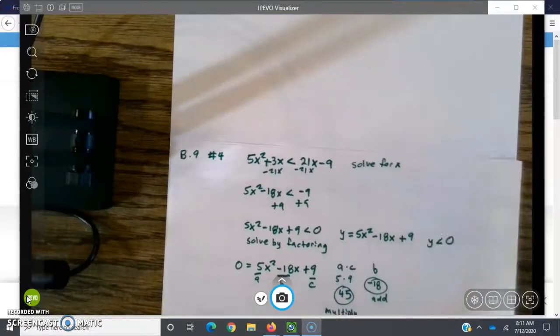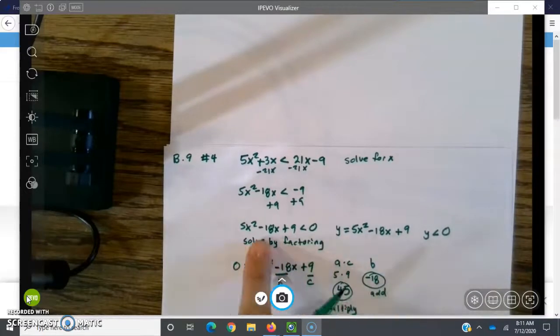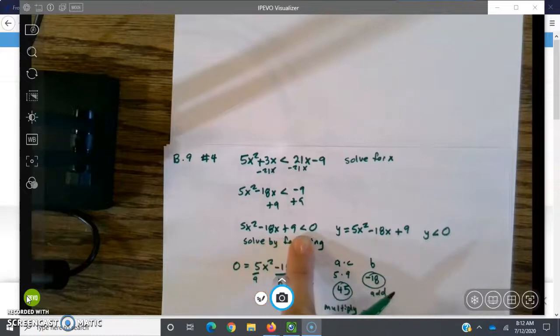Okay? All right. So if we go back to our original inequality, I could put in any value between 3/5 and 3 and get something that's less than 0. All right. I hope this helps, and I will talk to you soon.